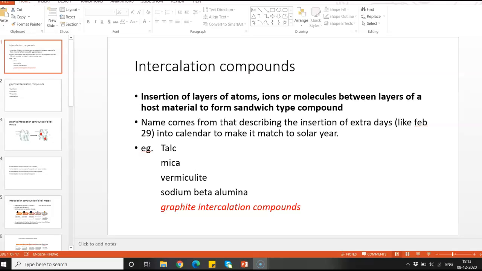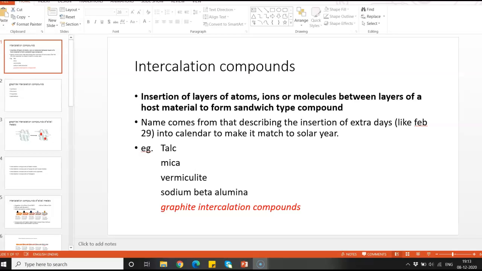In this video, we are going to discuss intercalation compounds. The term intercalation itself means insertion of something. The 29 days of February, that extra day was inserted into the calendar to make it match the solar year.